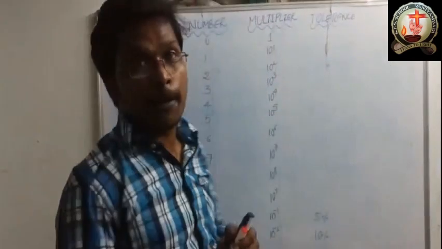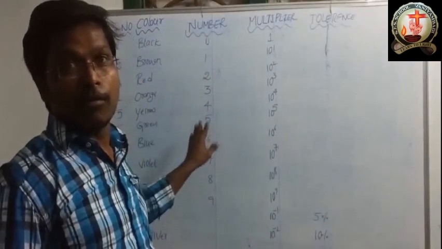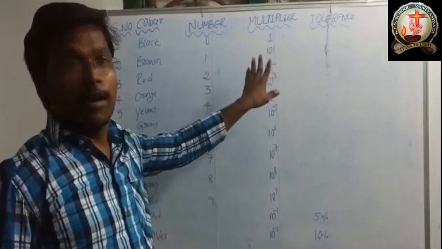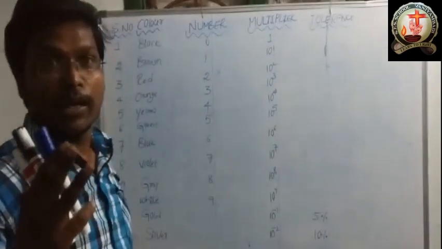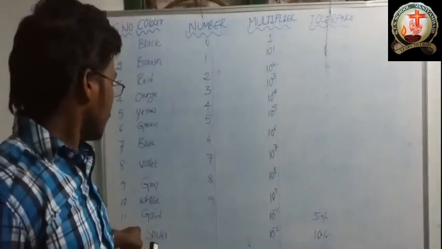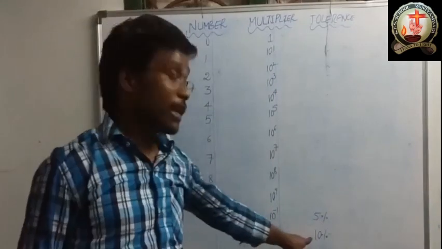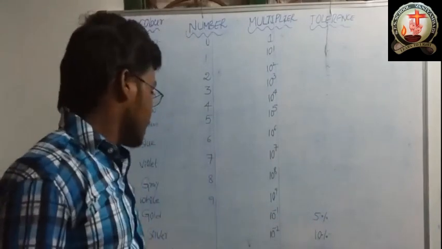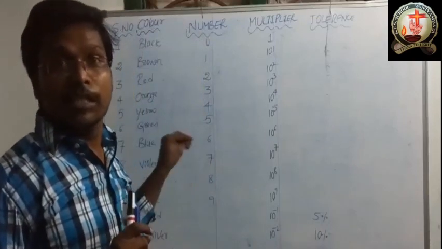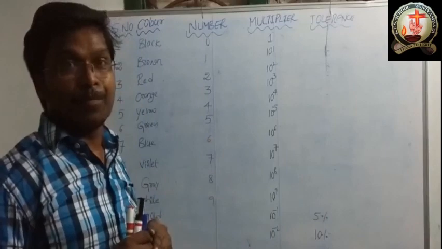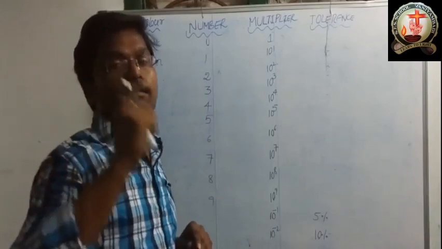You can remember each and every color has one number and one multiplier, and only these three have tolerance. You can remember this tabular form easily, and you will be able to find any carbon resistor value.